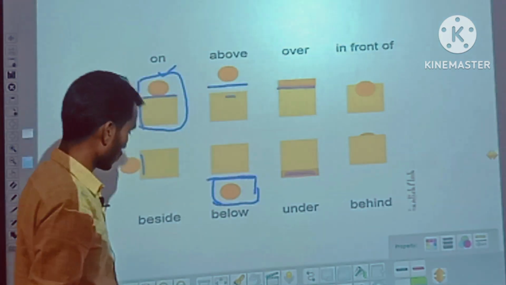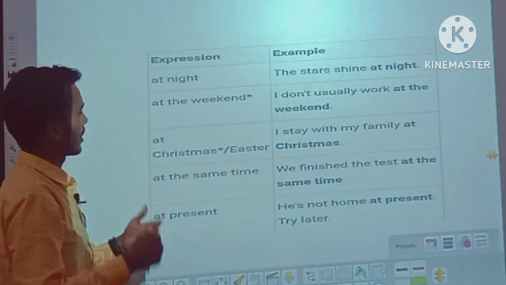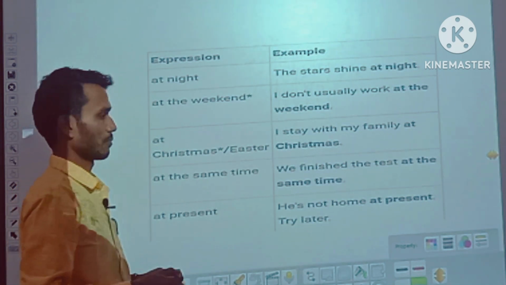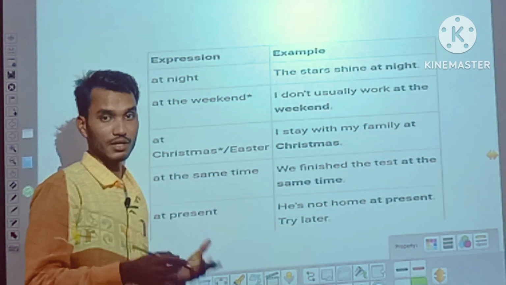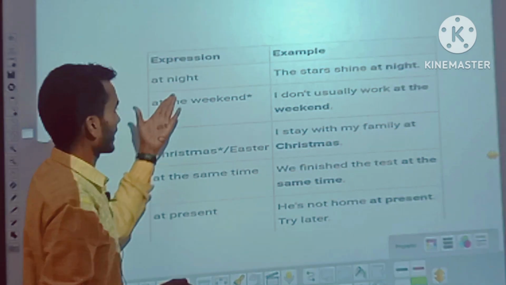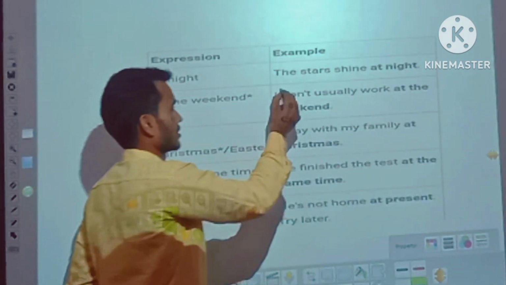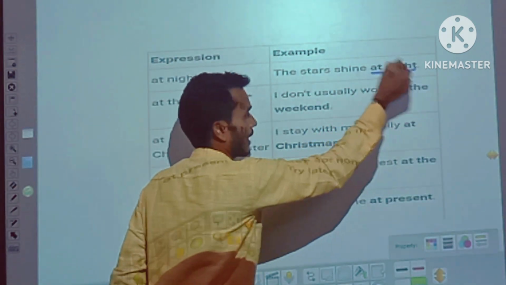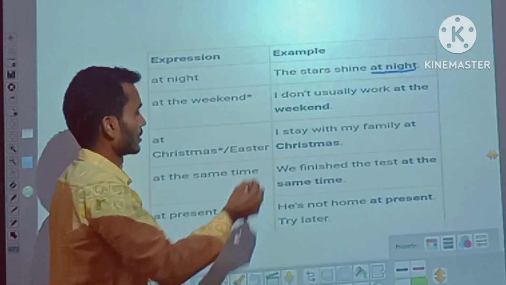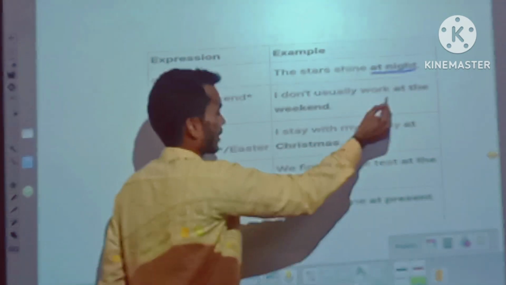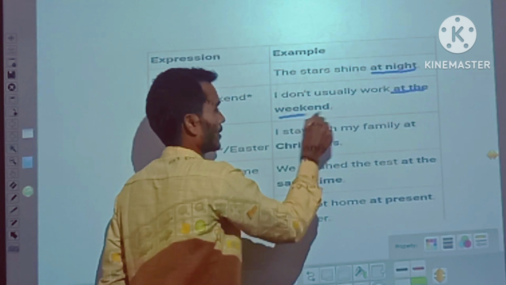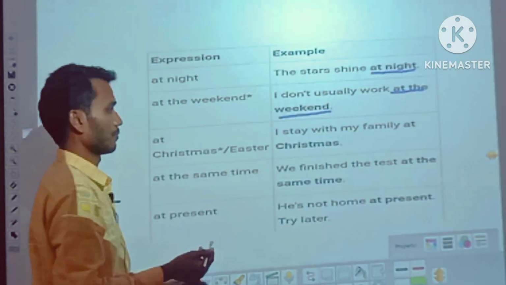So I'm going to give you some more examples regarding at, in, on. At night, for example, the stars shine at night, precise time. I don't usually work at the weekend, precise time.